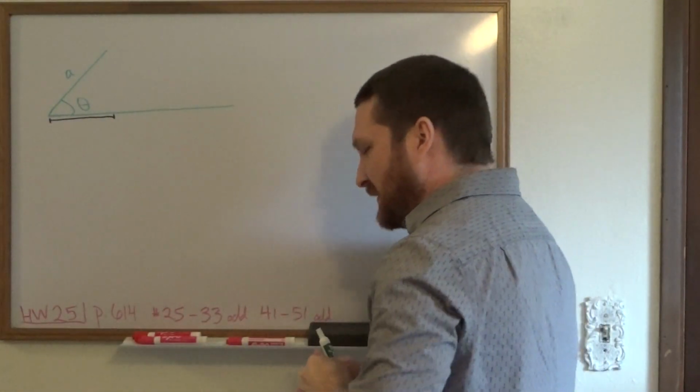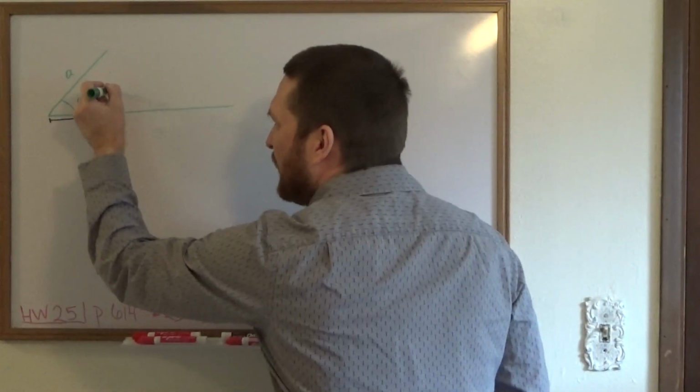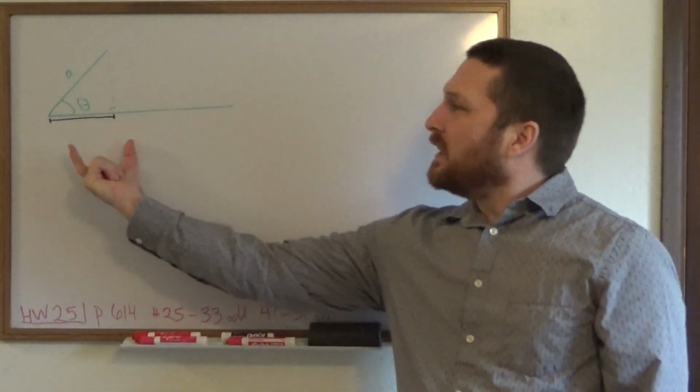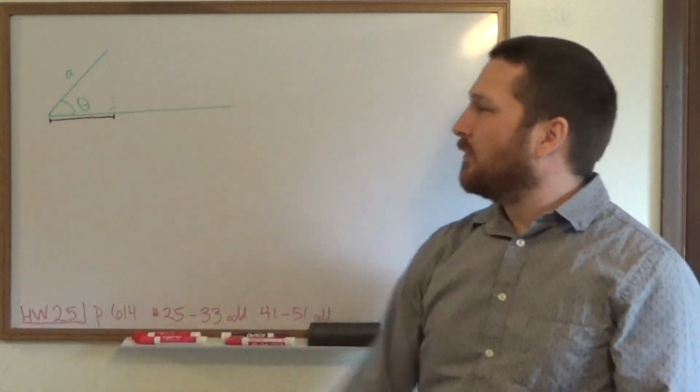I'm not trying to be tricky. If I were to drop this right down there at the same length, it would be a right angle. In terms of theta and A, what is that length?